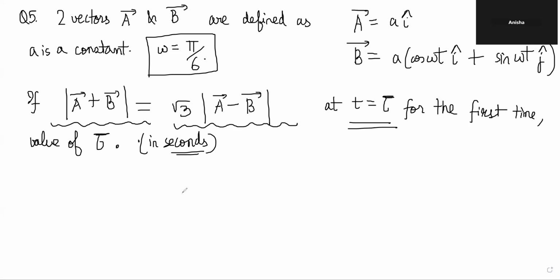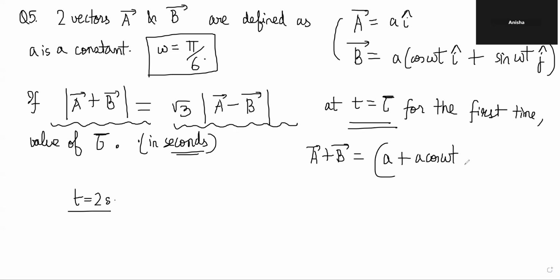Sir, 2. That's correct. You just have to simplify the vectors first. Yes, sir. You do a plus b, you'll get a plus a cos omega t i plus a sine omega t j. And the mod of this is not very difficult to find.